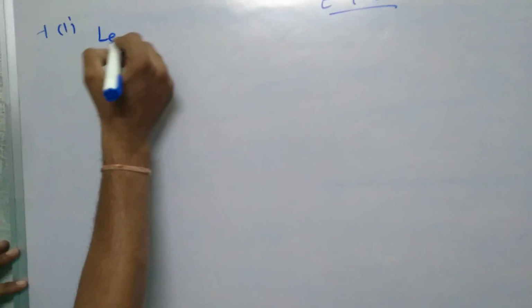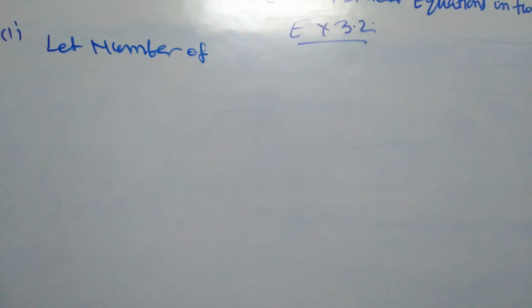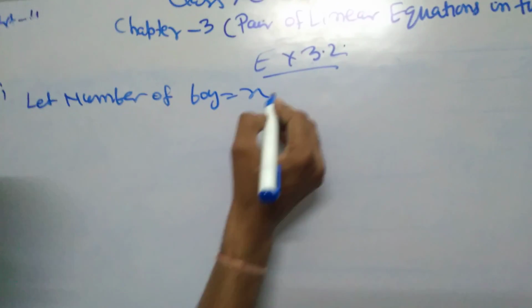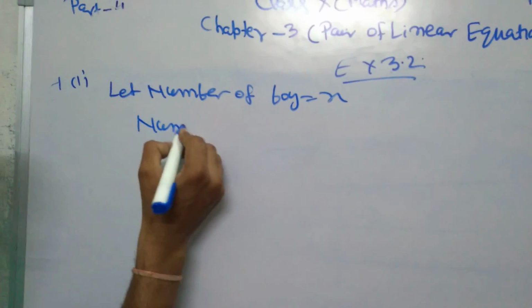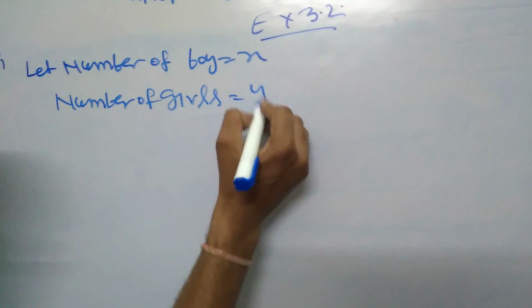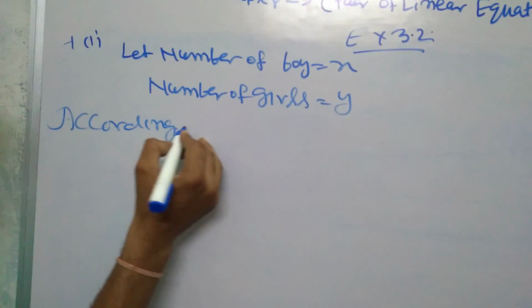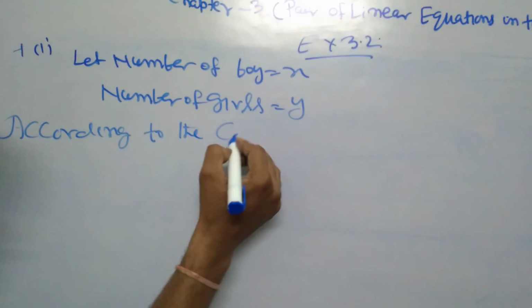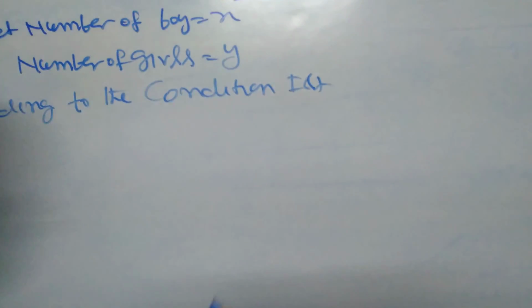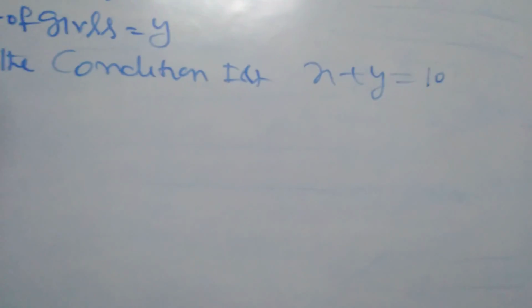Let number of boys be x, number of girls be y. According to the condition first, x plus y is equal to 10.